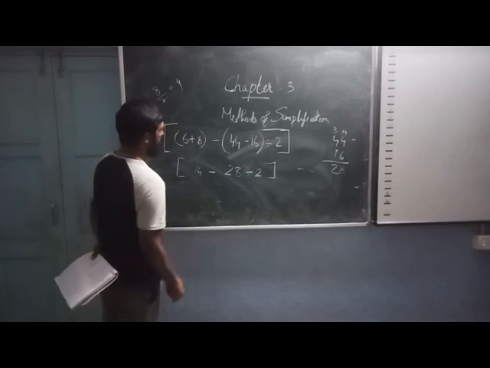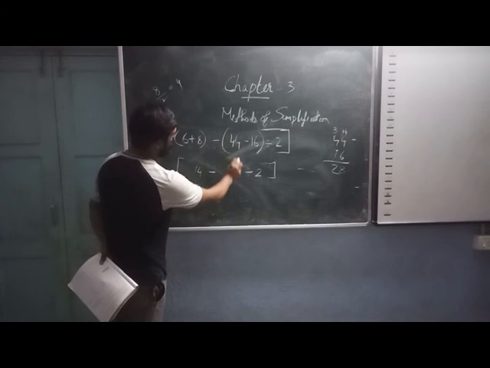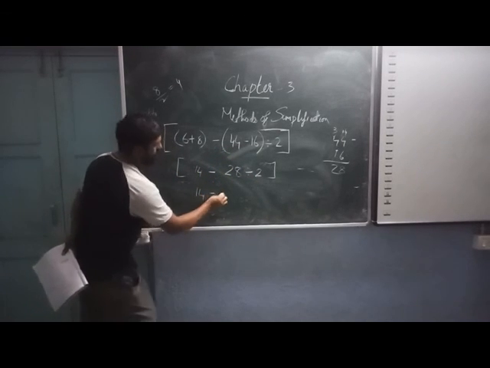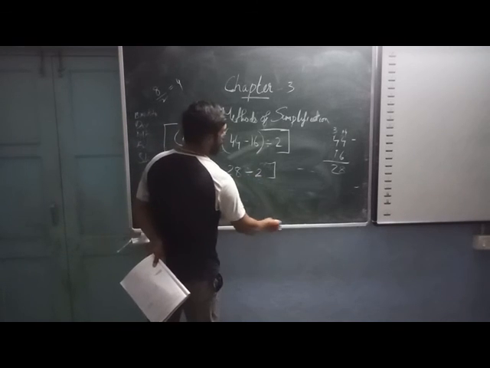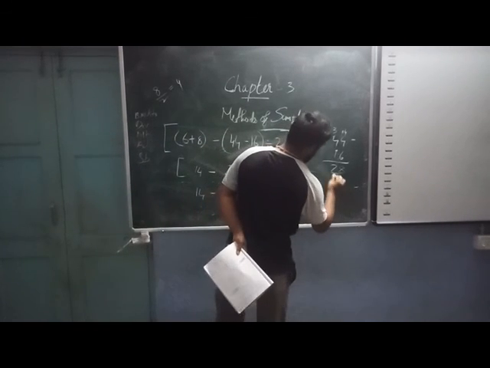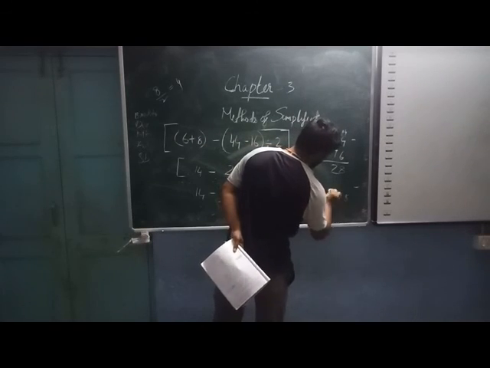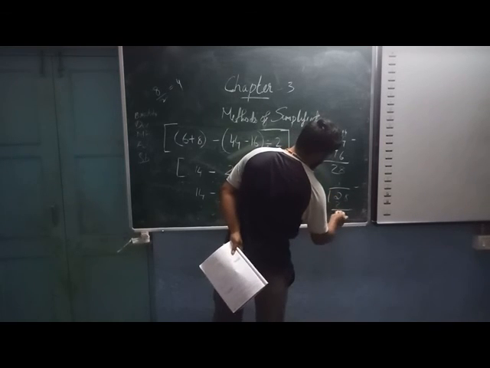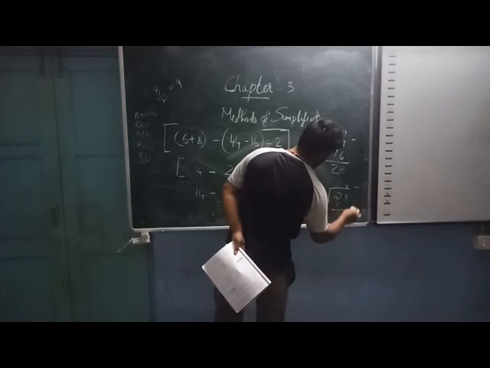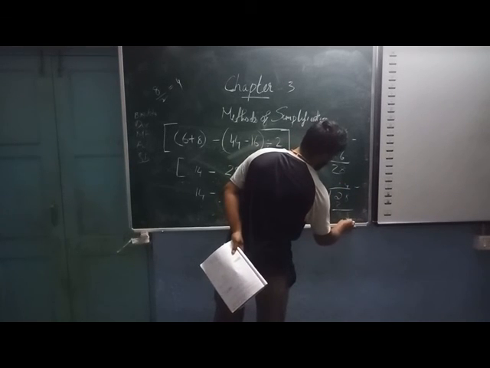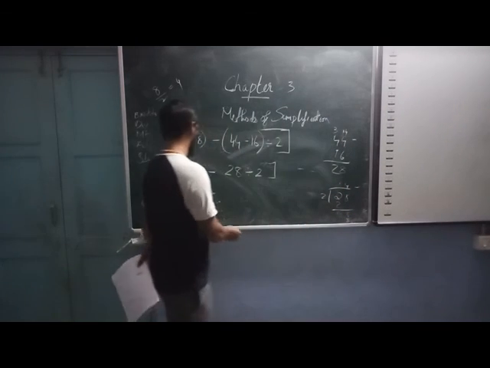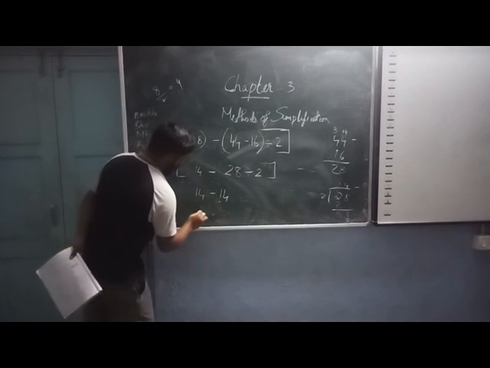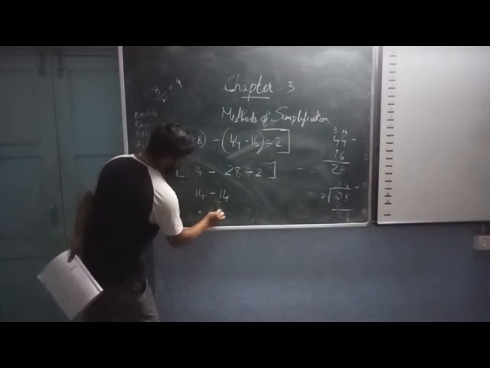So after brackets we did the operation, now comes division. 14 minus 28 divided by 2. 28 divided by 2 is 14. So 14 minus 14 is 0.